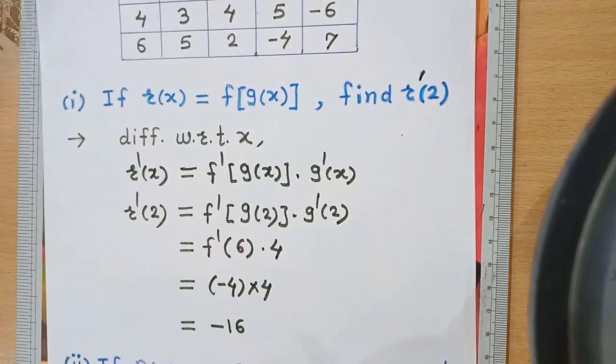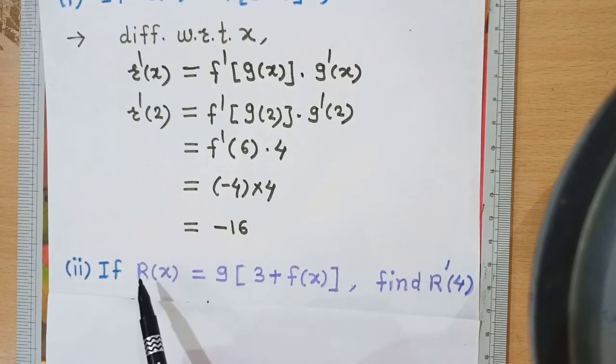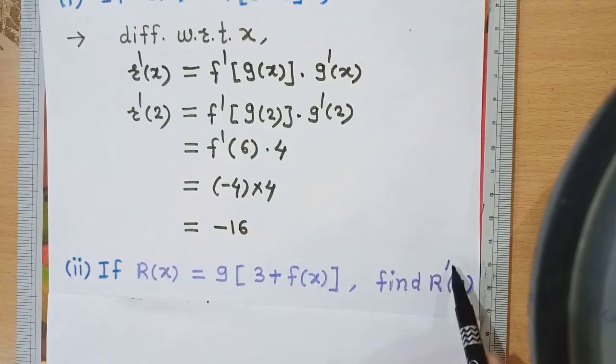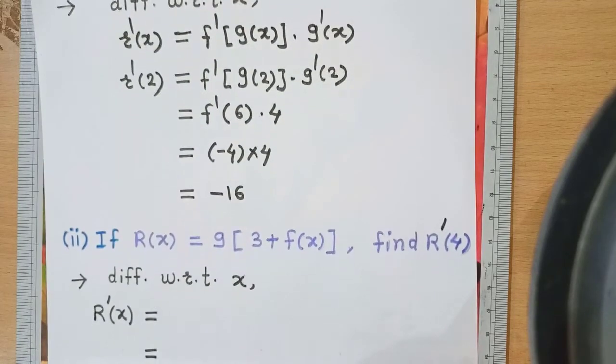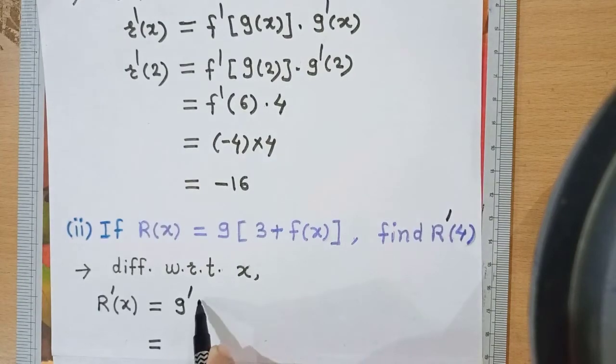Now we will solve same type of example. Second example is r of x equal to g of 3 plus fx. Find r dash of 4. So again dash means we will first find out derivative. So differentiating the given function, again this is a composite function.